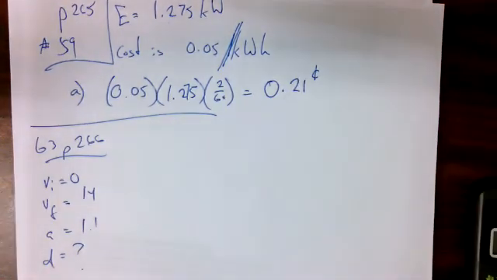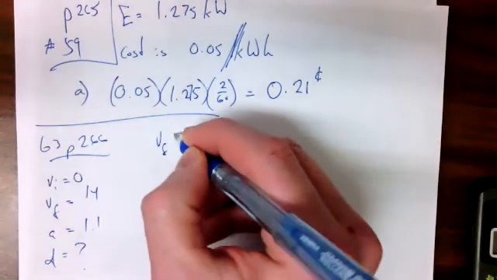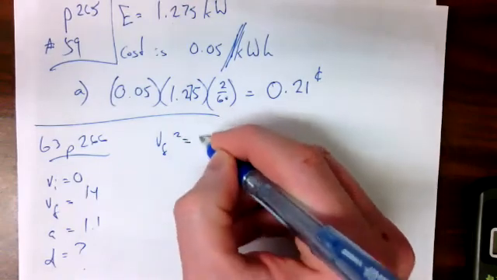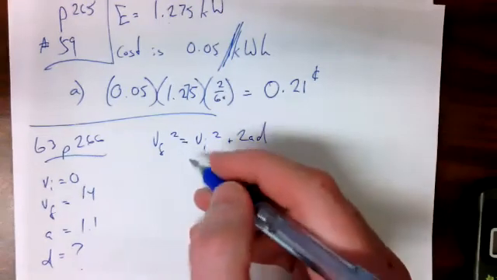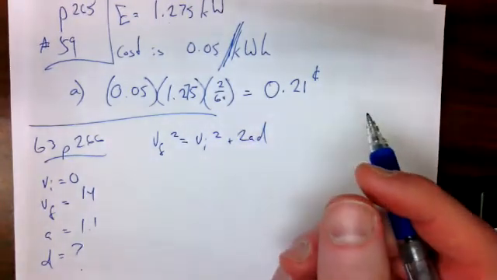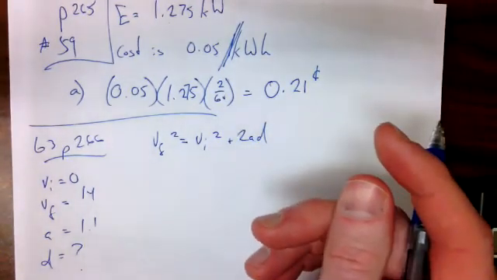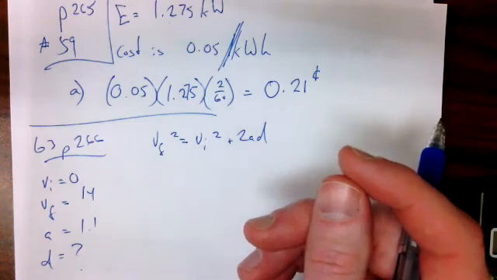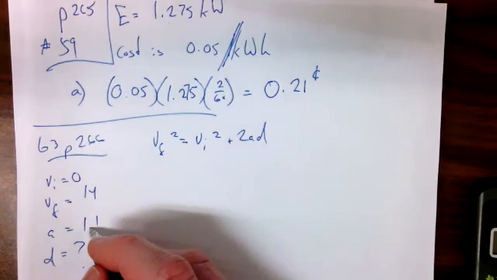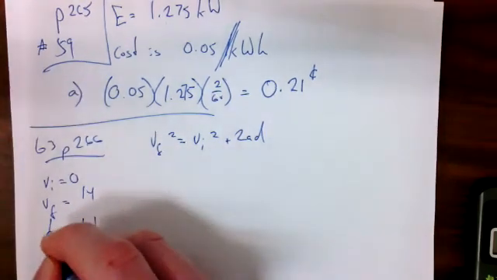Do you want me to do that? Yeah, sure. So we're going to use a formula that doesn't require time, which is VF squared equals VI squared plus 2AD. We have time, don't we? What is 1.1? Oh, that's time. Sorry, you're right, thank you.